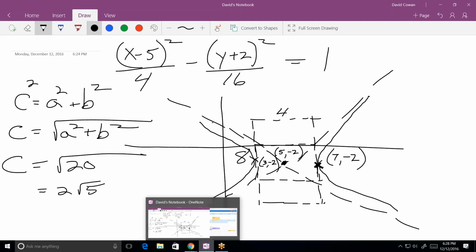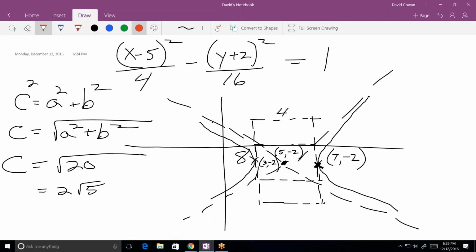So what is the coordinate of that red focus and this red focus? 7 plus 2 root 5 comma negative 2. Actually, it's the center. The focus is measured from the center. So it's not 7 plus 2 root 5, it's 5 plus 2 root 5.